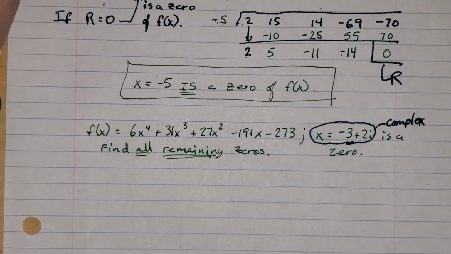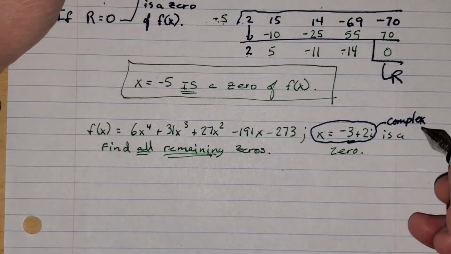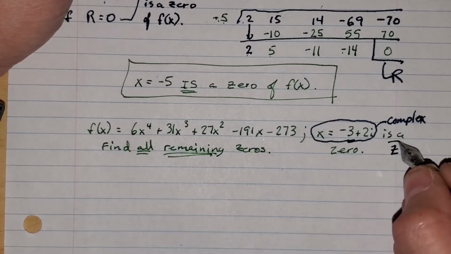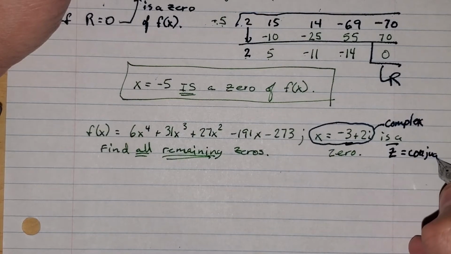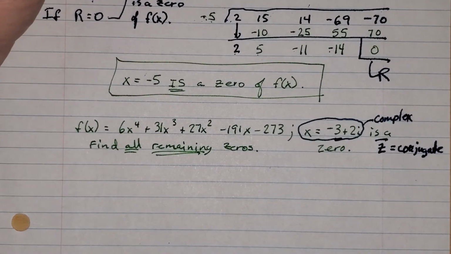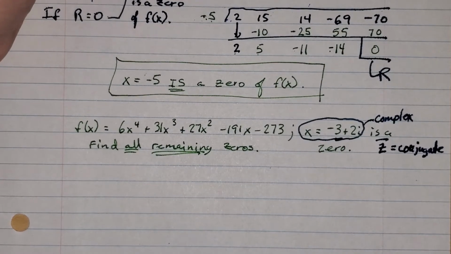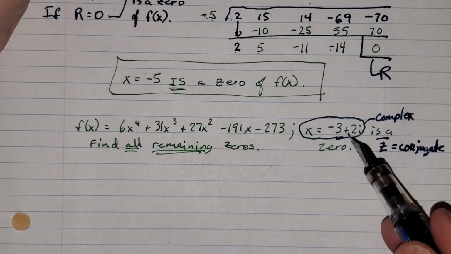Now, complex numbers always have what's known as z bar, which is the conjugate. You've found conjugates before if you're watching this video. A conjugate's where you just change the sign between the two numbers.